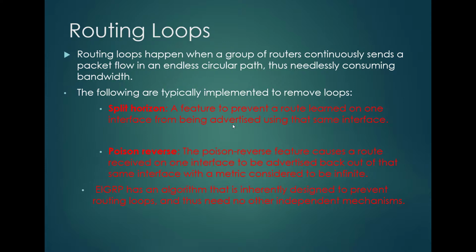The other one is poison reverse, where the route received on one interface is advertised back out of that same interface with a metric considered to be infinity. And then EIGRP has its own method of dealing with this.